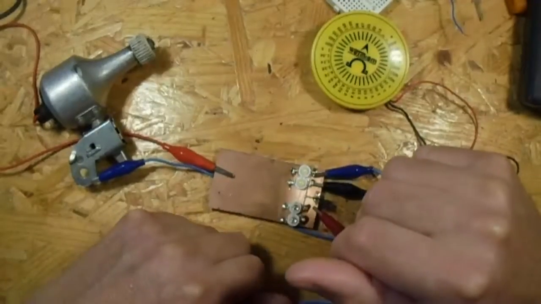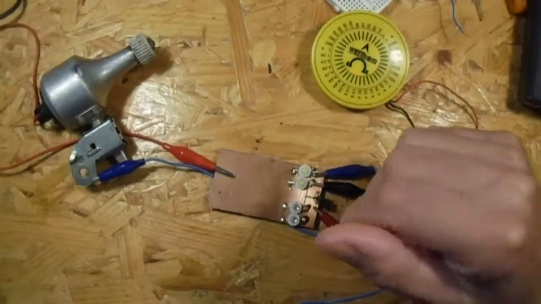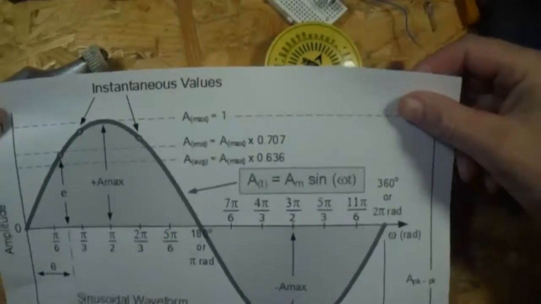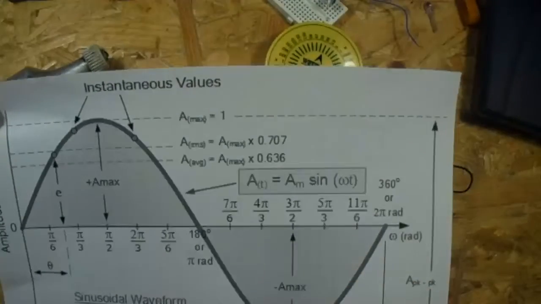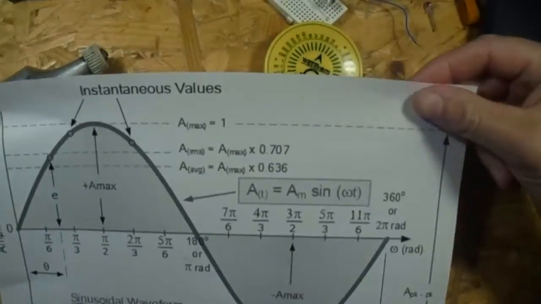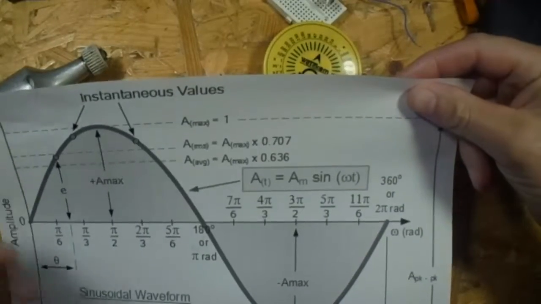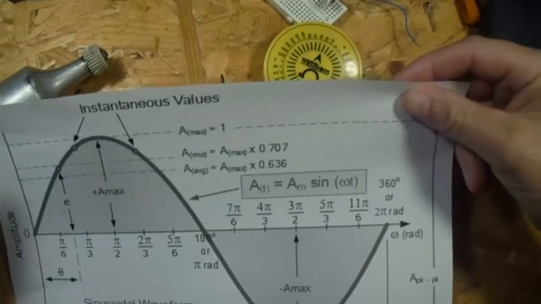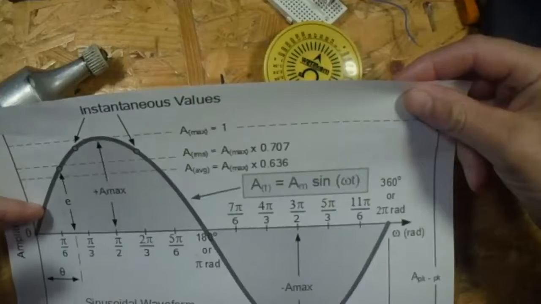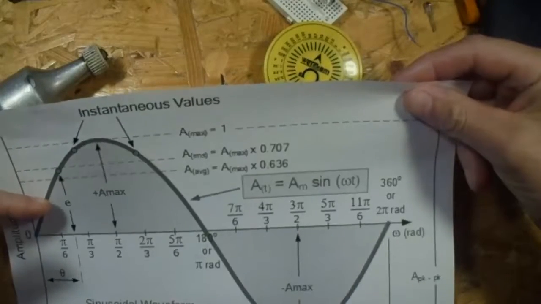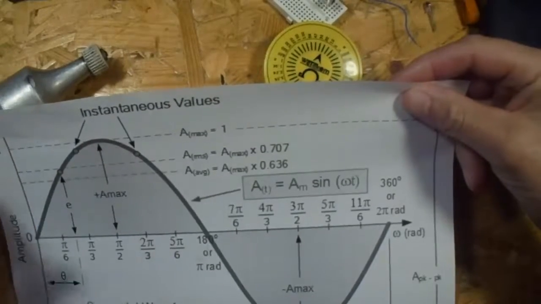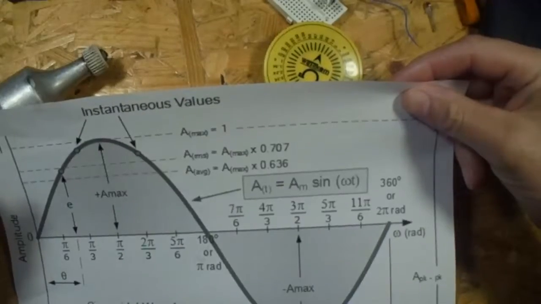The situation is this. Here is the sine wave picture from Wikipedia, and this is what comes out from our generator, ideally. But as the voltage rises to around 1.6 volts, one red LED starts to shine.